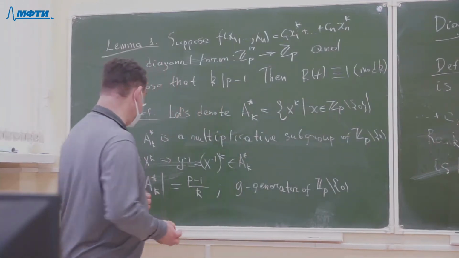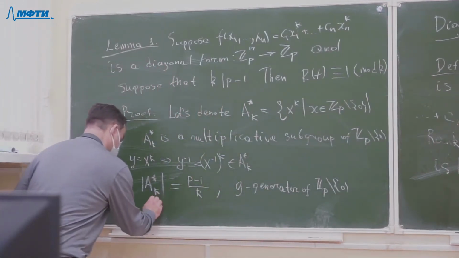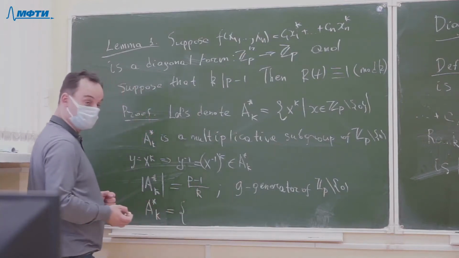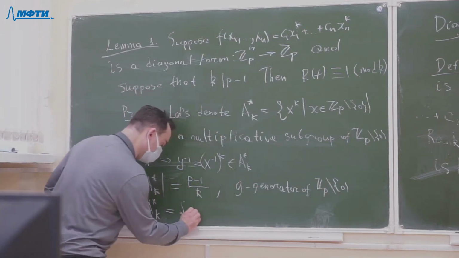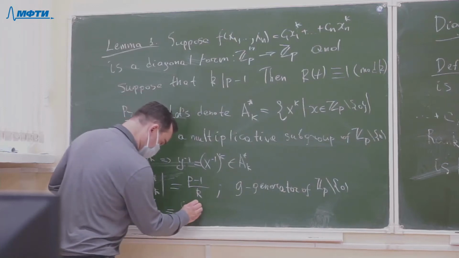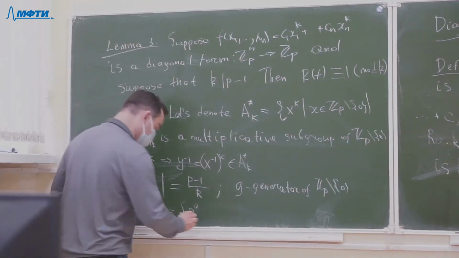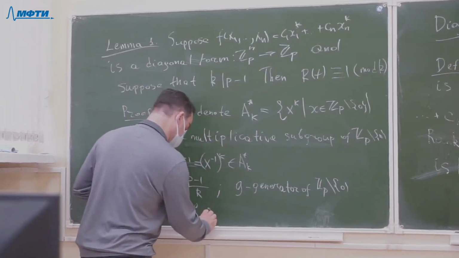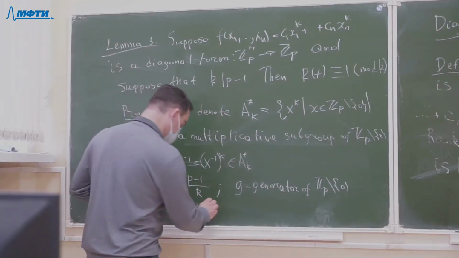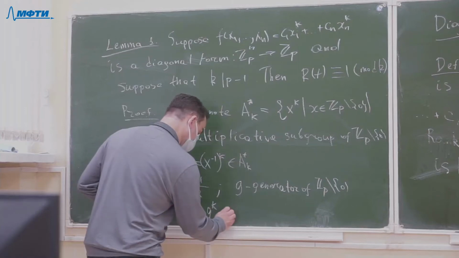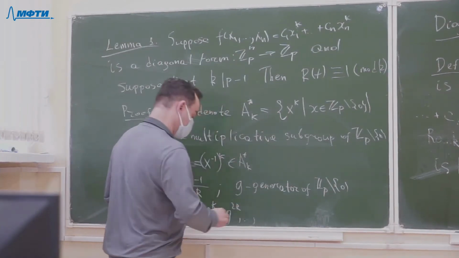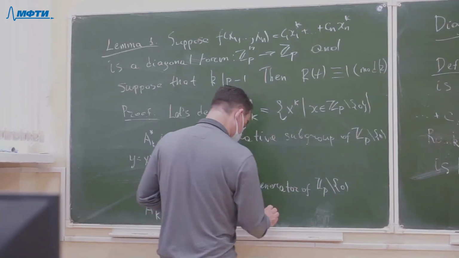Then A_k star is this one. It's G to the power of 0, which is 1, G to the power of k, G to the power of double k, till G to the power of what?